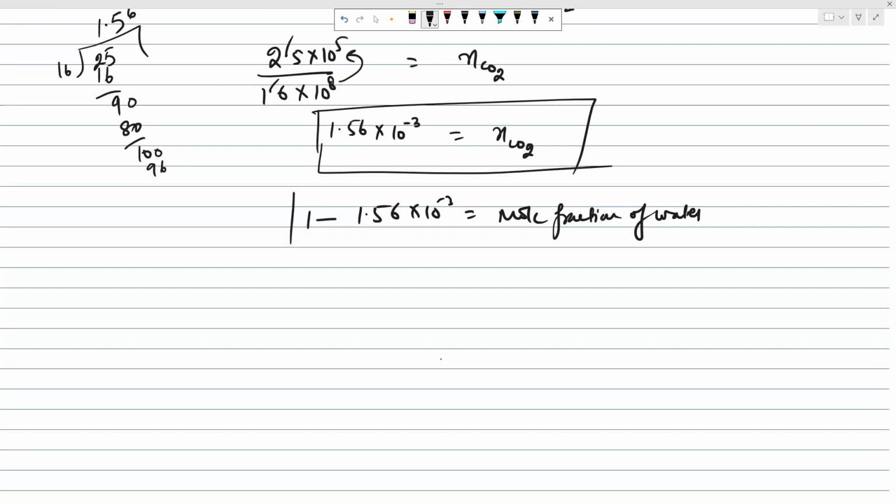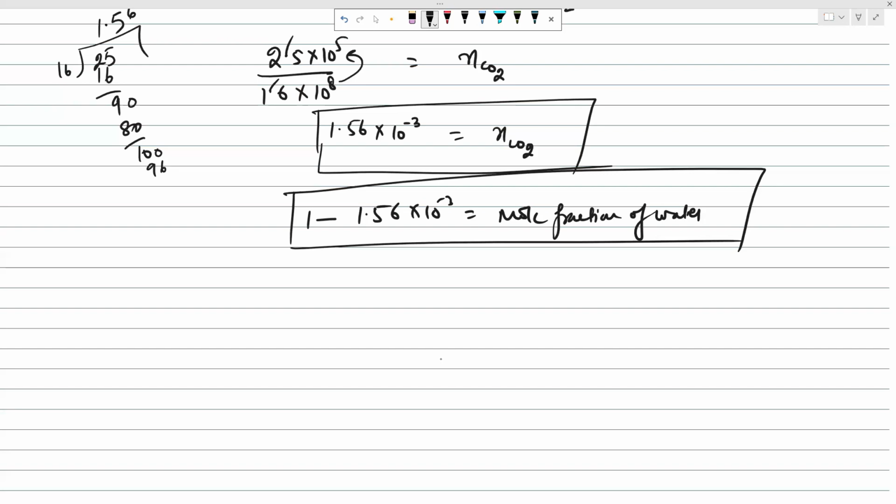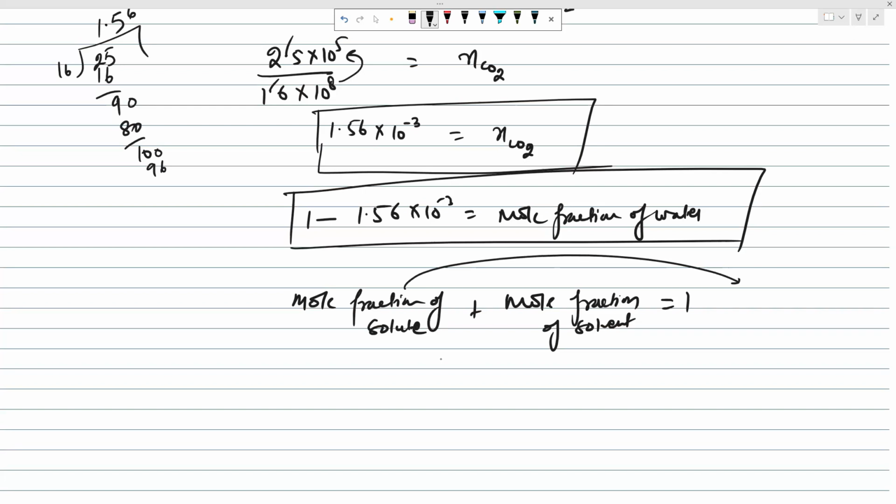When you subtract, the mole fraction of solute plus the mole fraction of solvent is always equal to 1. So if you know the mole fraction of solute, then you subtract it like this way, 1 minus 1.56 into 10 to the power minus 3.